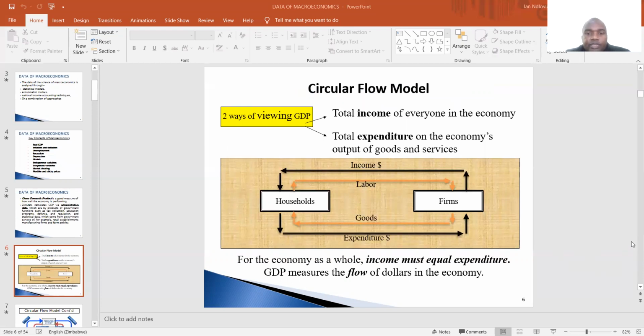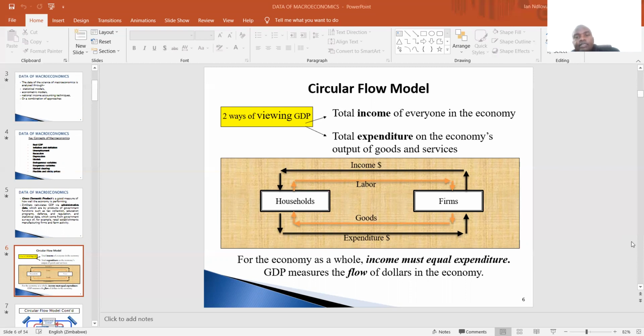We need to explore the circular flow model of national income because there are ways in which you can conceptualize this national income via GDP. We can conceptualize national income in two ways.